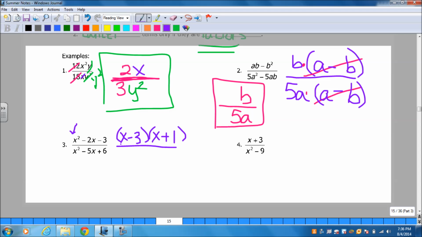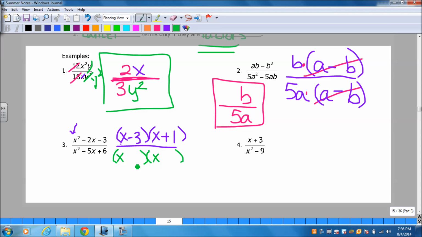Now let's look at the denominator. In my denominator, I've got x squared minus 5x plus 6. There is no GCF, so it's not a GCF question. It's not a binomial, so it's not a difference of perfect squares. It appears to be a trial and error problem, or a grouping problem, whatever you prefer again. And the leading coefficient is 1 again. Nice and easy, x and x.